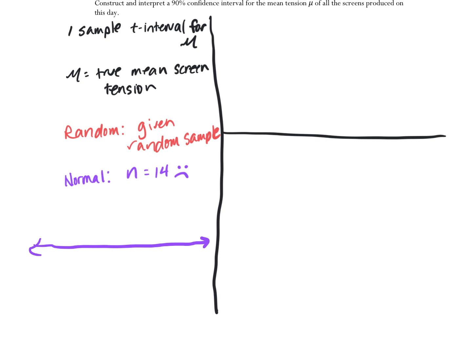The lowest one's 234. So I'm going to make this one 230, and then I'm going to count by 20s. If you did a different interval, it would be fine. As a math teacher, I'm pretty good at making sense of whichever ones you guys do. And then we're just going to make a dot for each one of these different screen tensions.